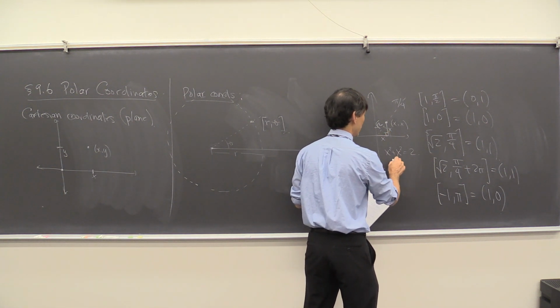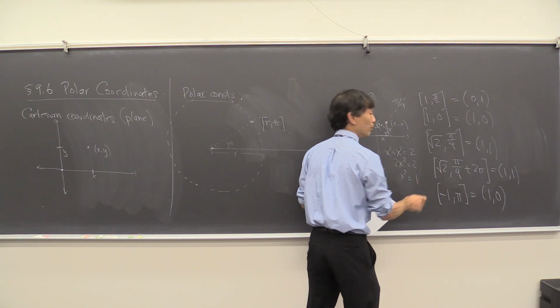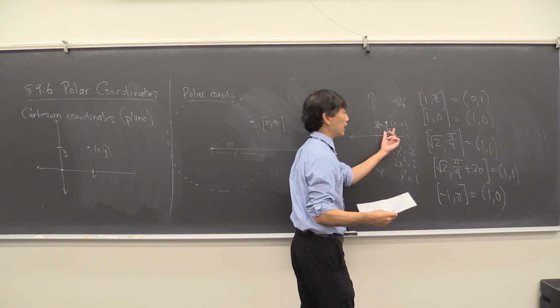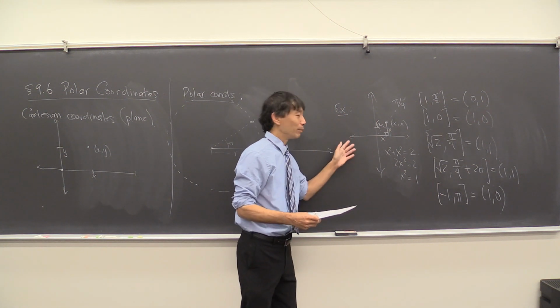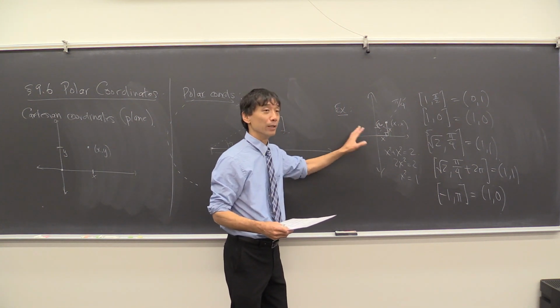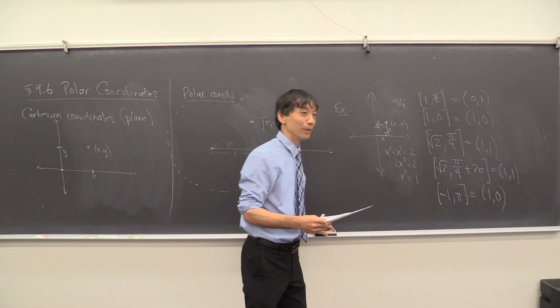So that tells you that 2x squared is equal to 2. In other words, x squared is equal to 1, and so each of these is 1. Okay. We'll see an easier way of seeing it in a second. But I'm just going to leave it this way for now.